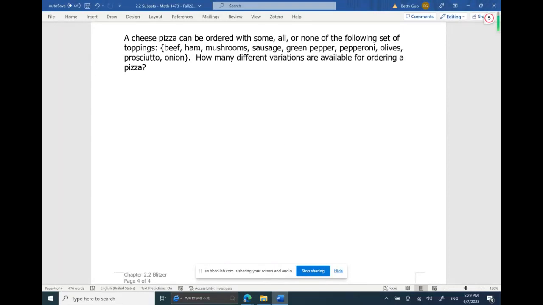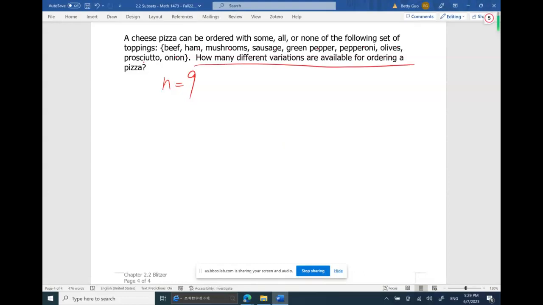So let's count it. 1, 2, 3, 4, 5, 6, 7, 8, 9. So the set of toppings has 9 elements. Let me count it one more time. 1, 2, 3, 4, 5, 6, 7, 8, 9. Yeah. Okay.